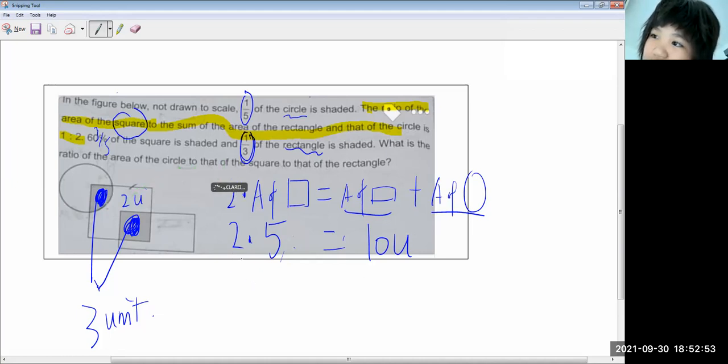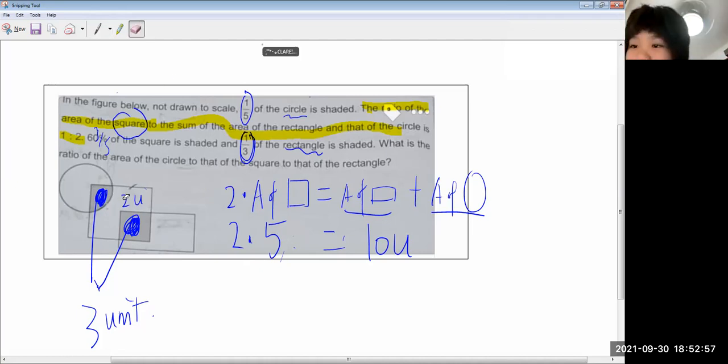Hold on. Sorry. So right now, let me just, the empty part is 2U. I already label. And then these two shaded part is 3U. And then the whole thing is 5U. Therefore, the area of the rectangle plus the area of the circle is 10U.